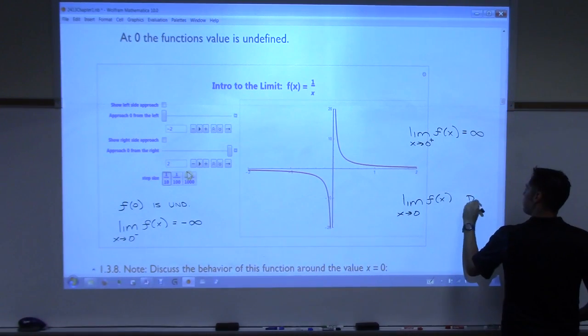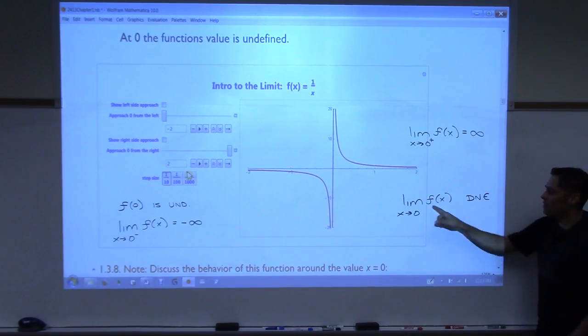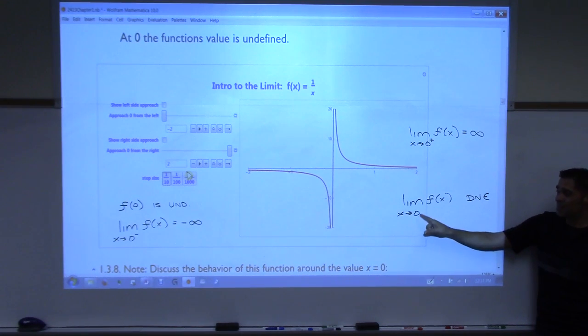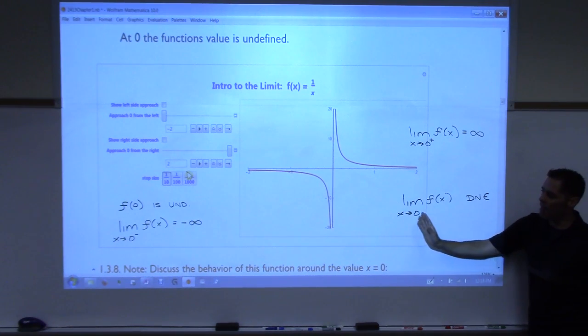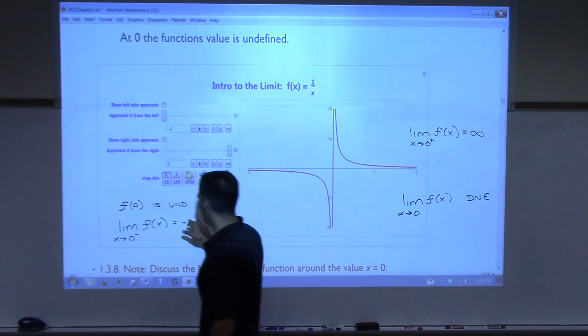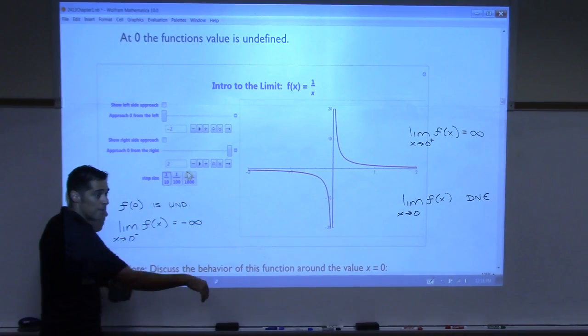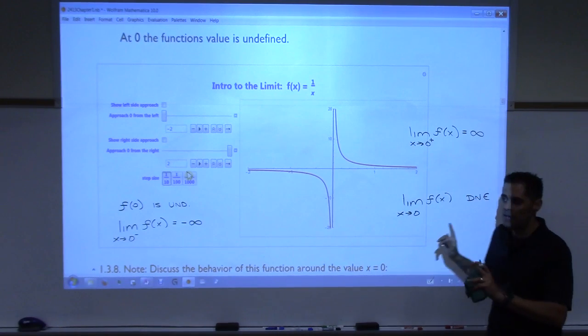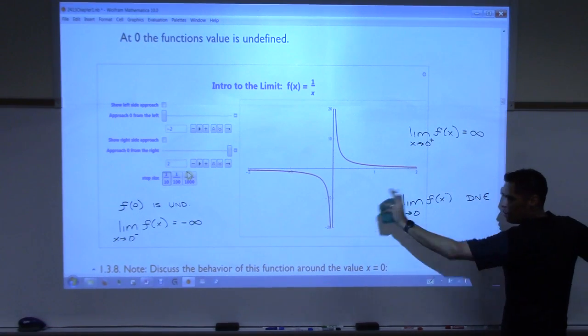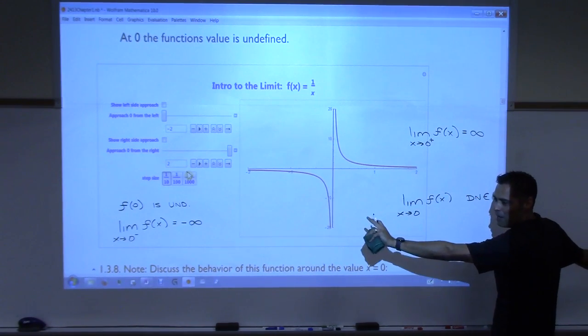Okay, look. In order for a limit to exist at a point like this, and there's no plus or minus here, from the left and from the right have to go to the same place. From the left, it goes where? Negative infinity. From the right, where does it go? Positive infinity. Negative and positive infinity are on total different areas of the number line, right?